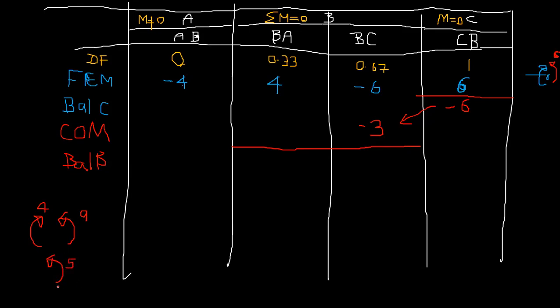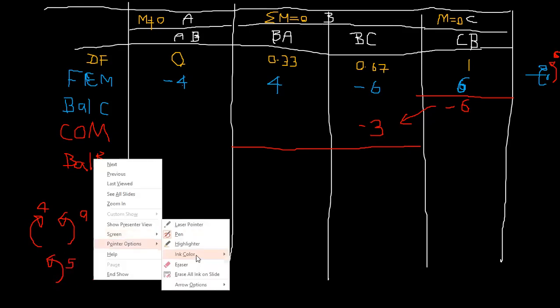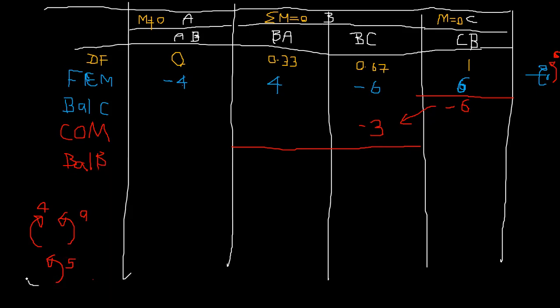So that means anticlockwise 5. To balance that, you need to add clockwise 5. That is going to be distributed to each member. BA says, I can take 33% of that, and BC says, I can take the remaining 67%.